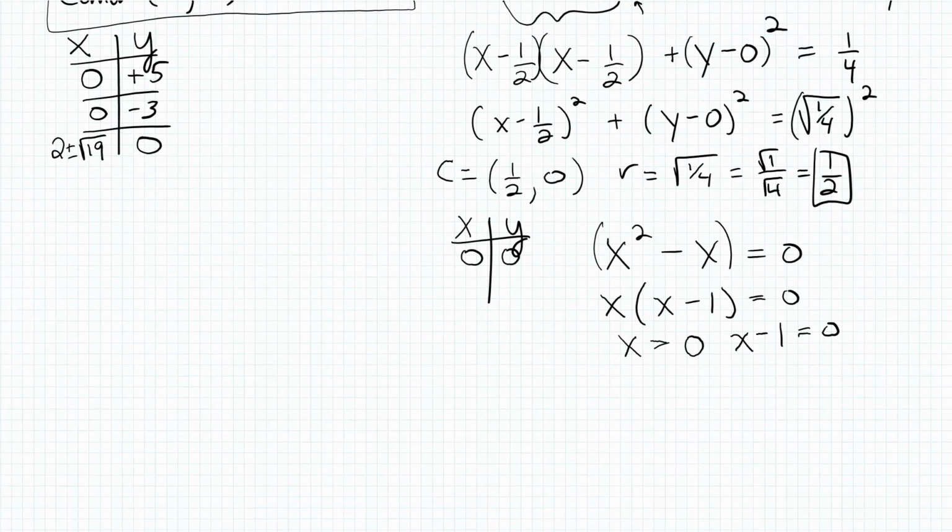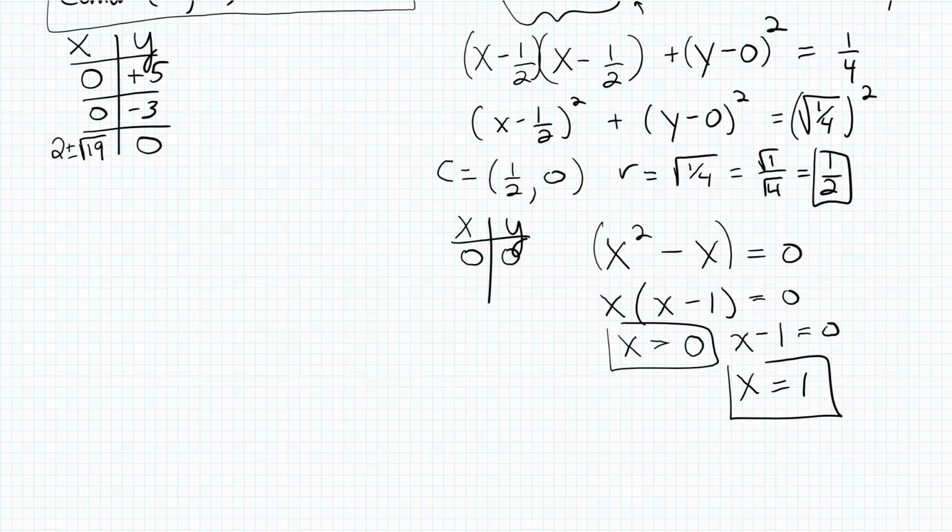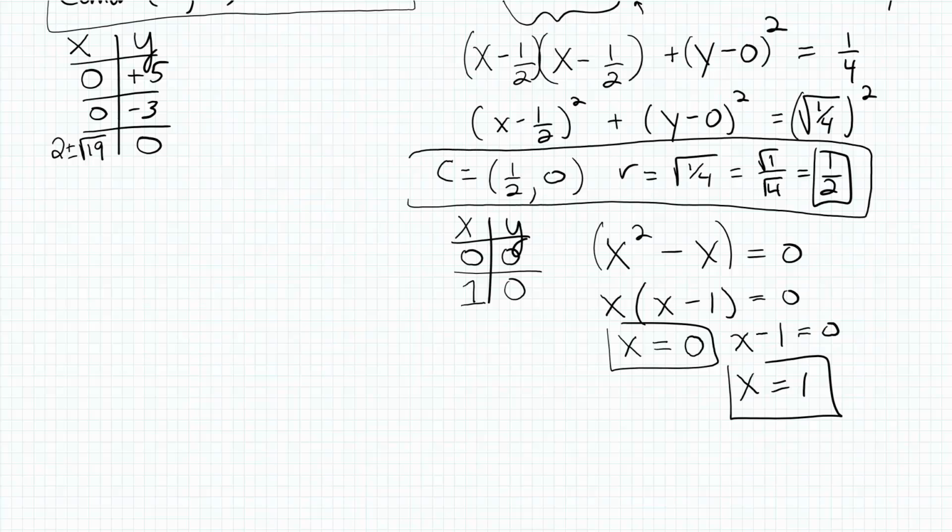So putting that together, that'll end up telling me that x is equal to 1 or that x is equal to 0. So we end up having 2 x-intercepts. Okay, and that's it. Your center for example B is 1/2 comma 0, your radius is 1/2, and your intercepts are given in this table here.